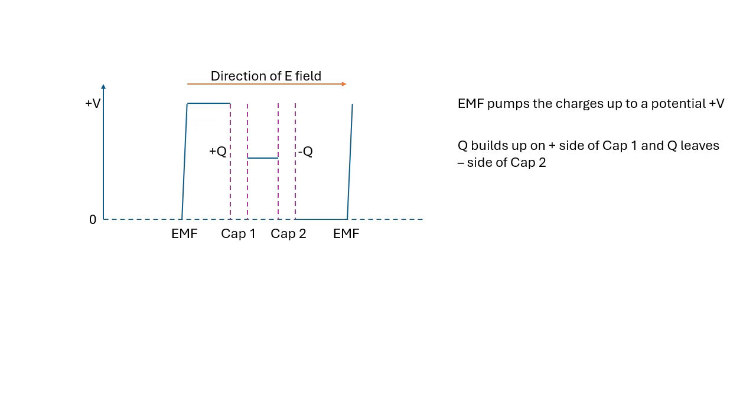We end up with a situation where the positive side of capacitor 1 has no potential difference compared to the EMF, and the negative side of capacitor 2 also has no potential difference compared to the EMF.